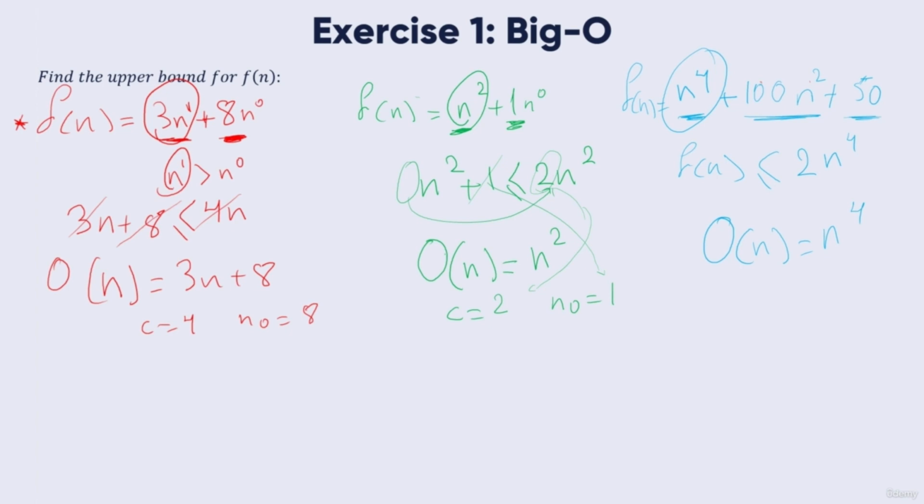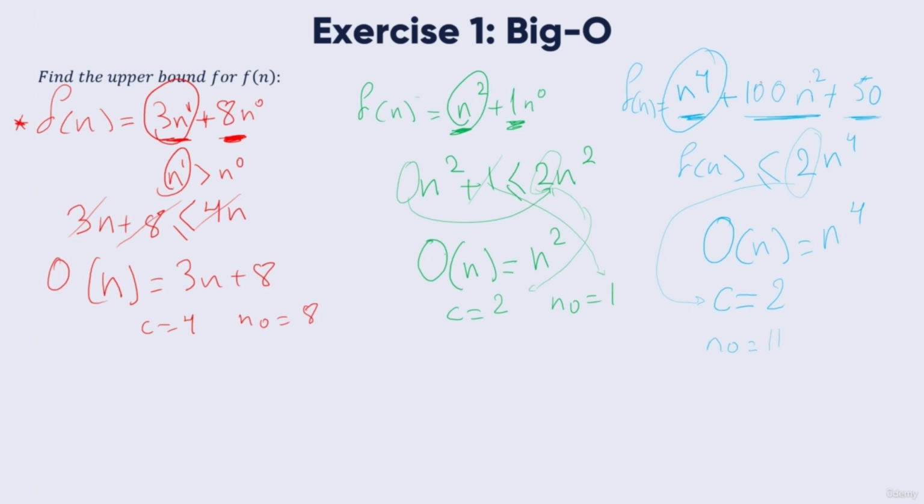And the constants that we have are c equal to 2, because we have added 1 to the one that is multiplied by n to the power 4. So this determines the c, and n0 is equal to 11.